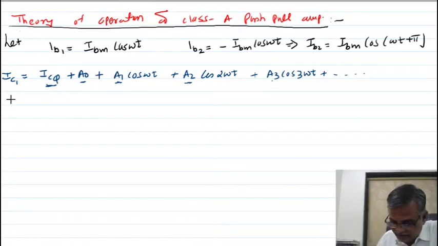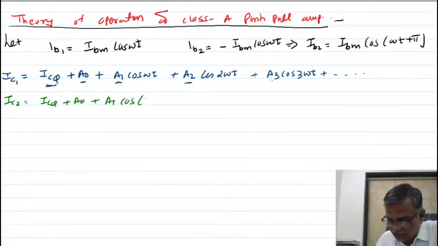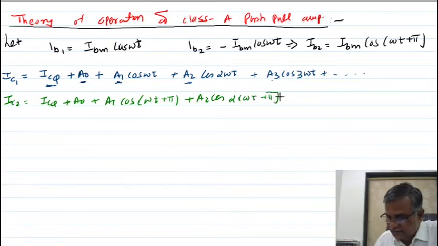In a similar way, I can write IC2 as ICQ plus A0 plus A1 cos, but instead of omega t I should write omega t plus pi, plus A2 cos 2 omega t plus pi, plus A3 cos 3 omega t plus pi and so on.